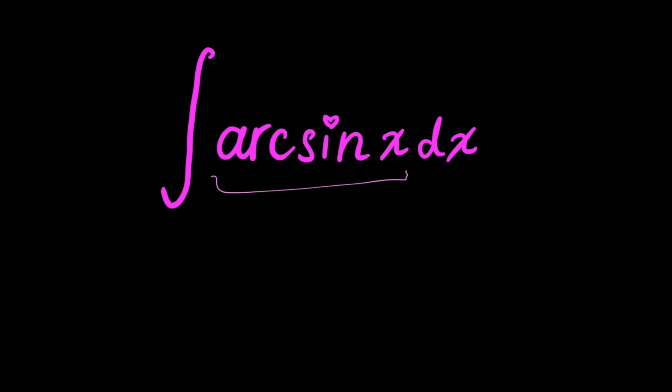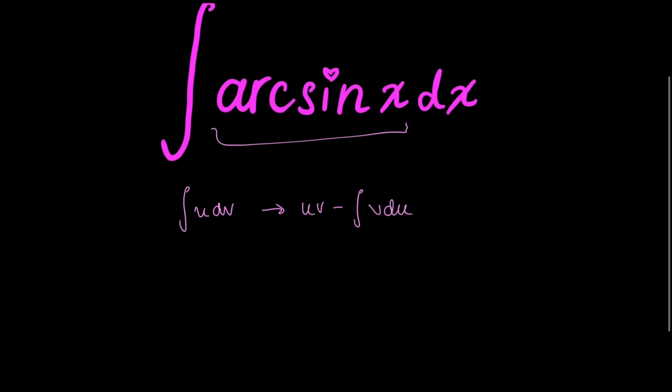So if I want to use that derivative of arcsine of x, let's do integration by parts, where I have my u part here that I want to take the derivative of so that I could plug into this form, u v minus the integral of v du. So let's start assigning what our u and dv and v values are.